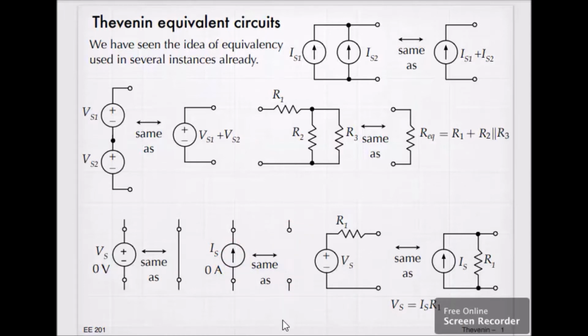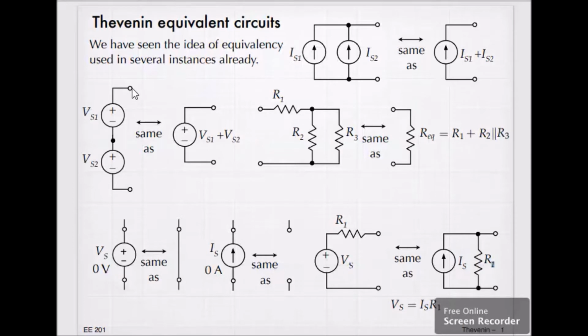And recall in our source transform, when we have a voltage supply in series with a resistor, we can simply replace it with this one. And how do we solve for our IS here? This is just simply Vs divided by R1. Your R1 is still the same.